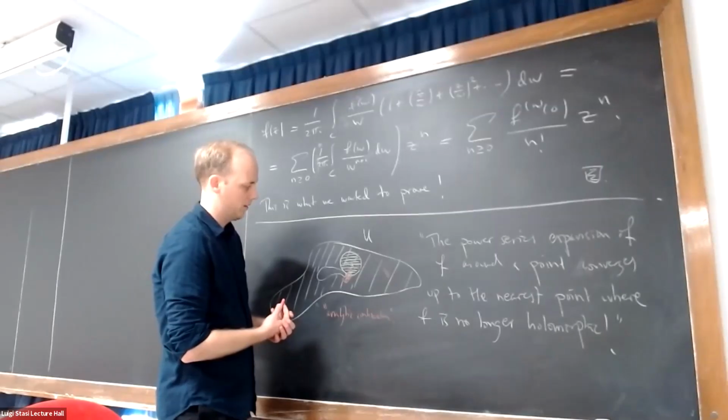Because if the radius of convergence is R, then every z such that the norm of z is bigger than R is going to be divergent. You'll have to find another power series on the rest of the domain. Yeah, you might actually be right in that.